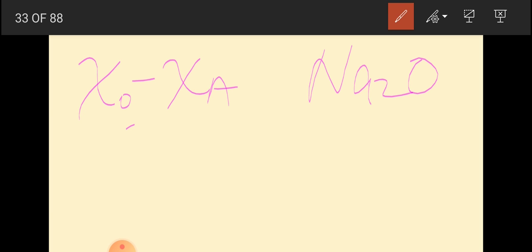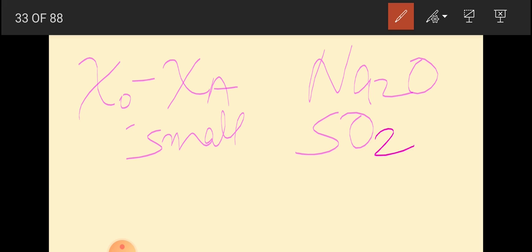And if the difference between oxygen and the other atom is small, the oxide will show acidic character, such as sulfur dioxide.